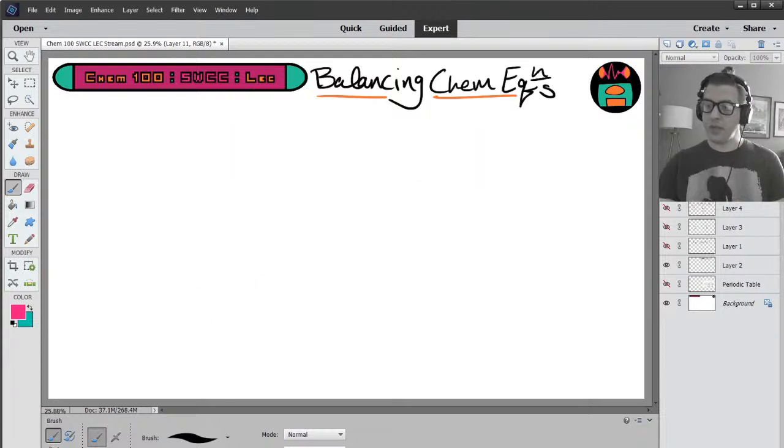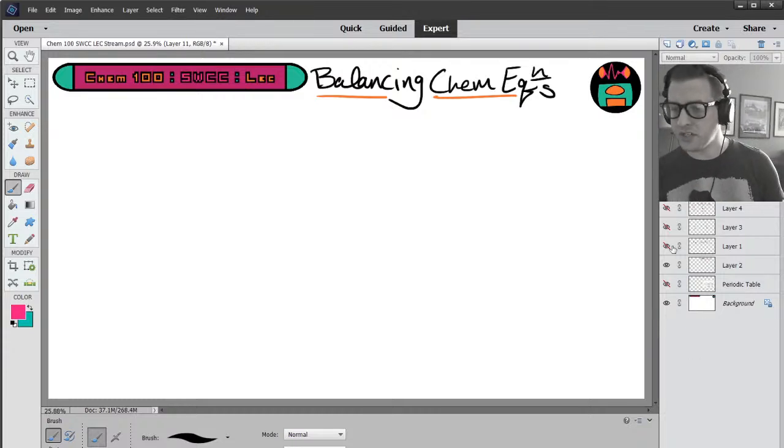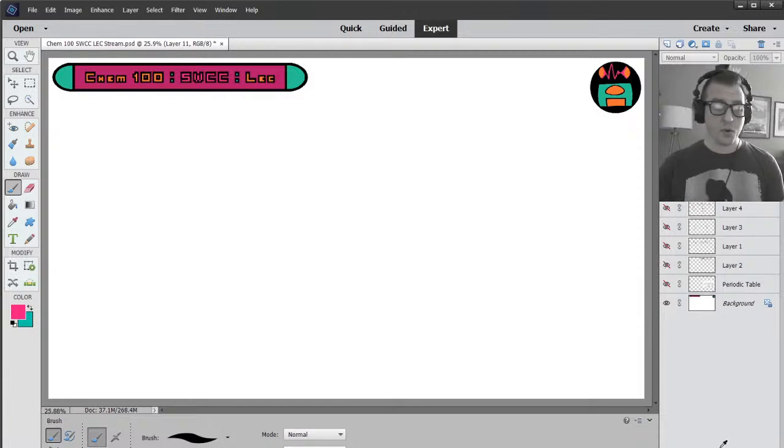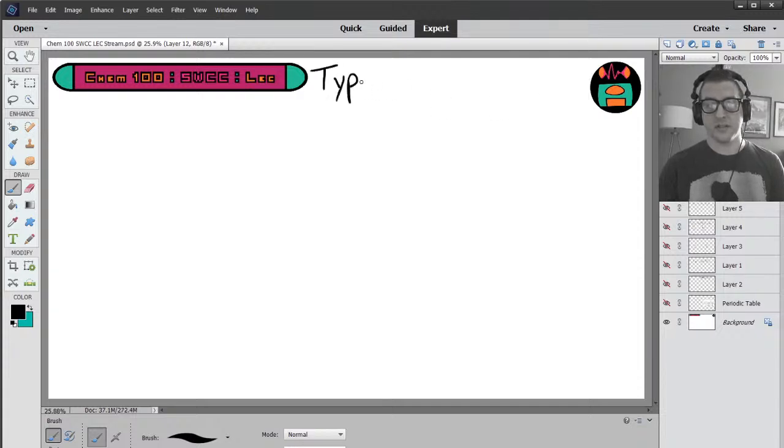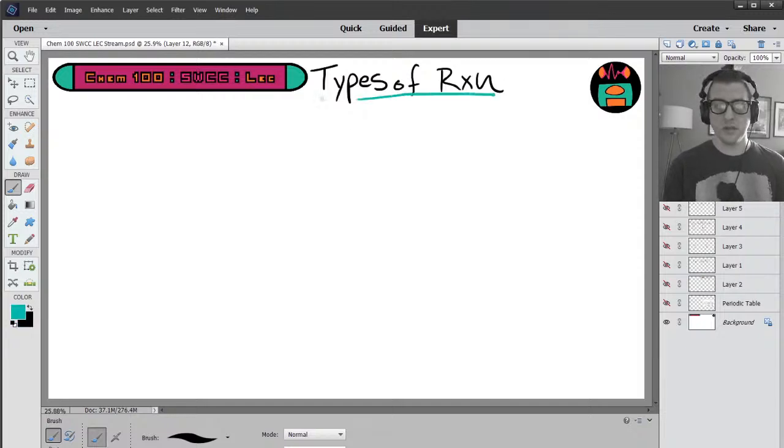Now we're still talking about chemical equations, and we will continue to balance them, but we're going to shift our focus and start talking about types of chemical reactions.